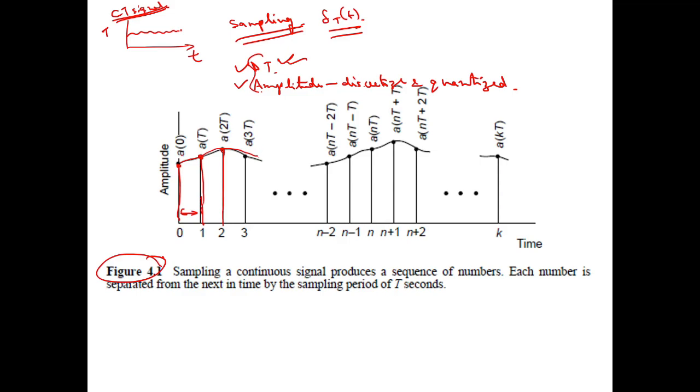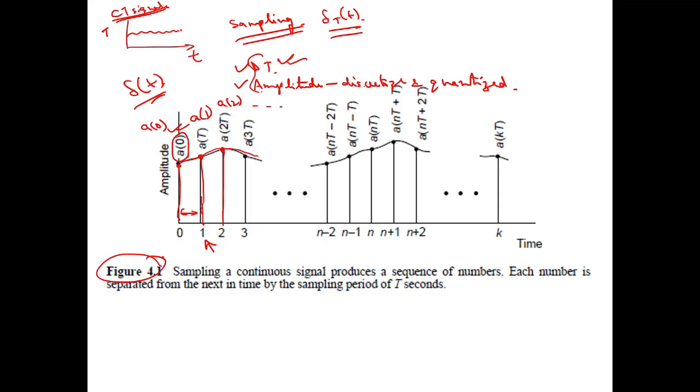So when you multiply the signal component with the delta at 0th instance, we get a 0. Then in the first instance of time, when we multiply the delta t, which has been delayed by 1 unit, you can say delta t minus 1, we get a of 1. Then similarly we get a of 2 and so on, right?